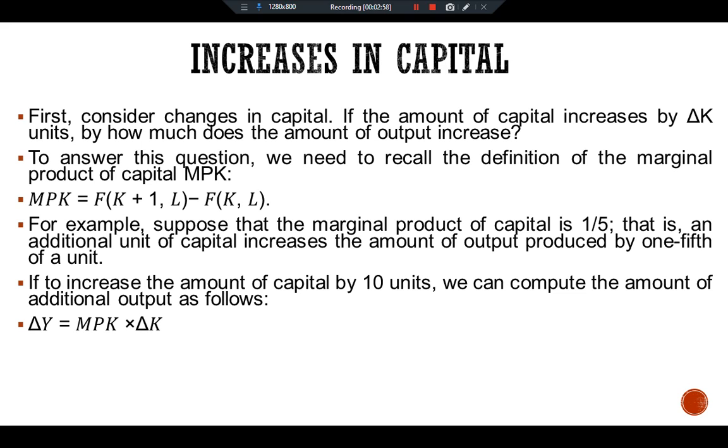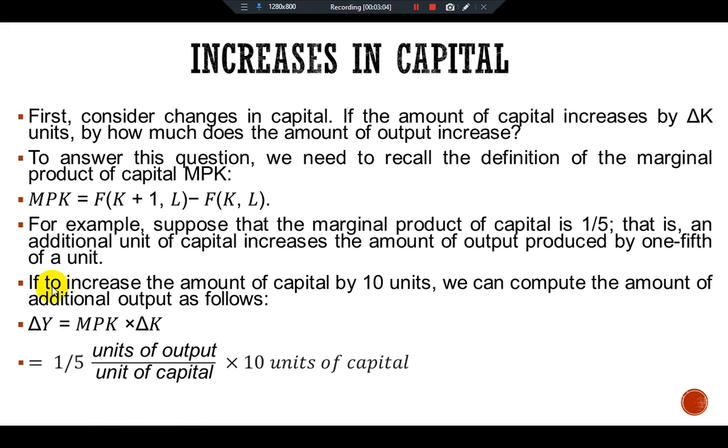Delta Y is equal to MPK times delta K. Then delta Y is equal to 1/5 units of output per unit of capital times 10 units of capital. Then delta Y is equal to 2 units of output. So this shows that by increasing capital by 10 units, we obtain 2 units more output. Thus, we can use the marginal product of capital to convert changes in capital into changes in output.